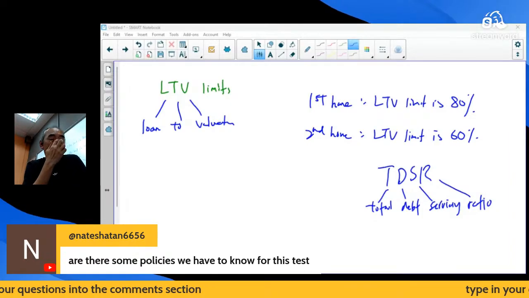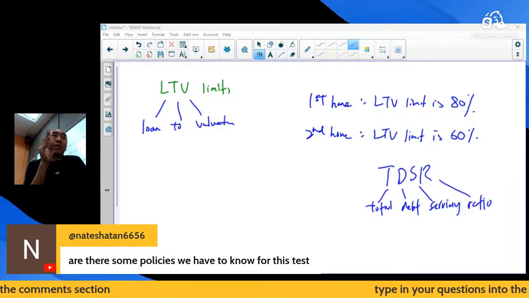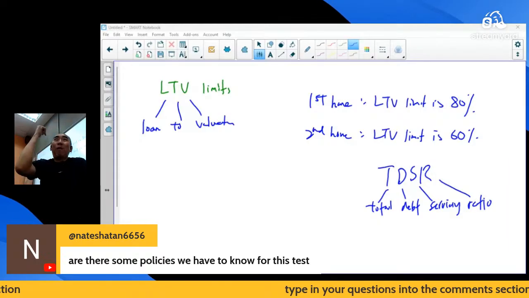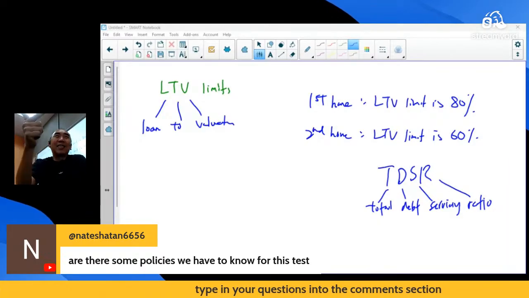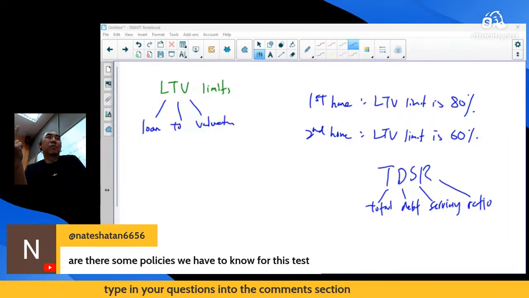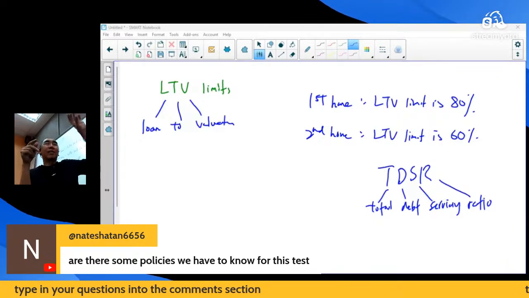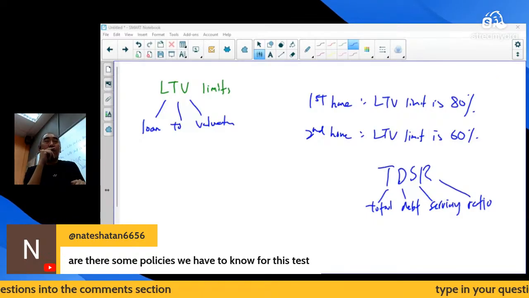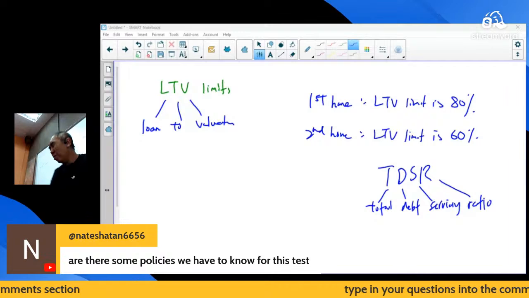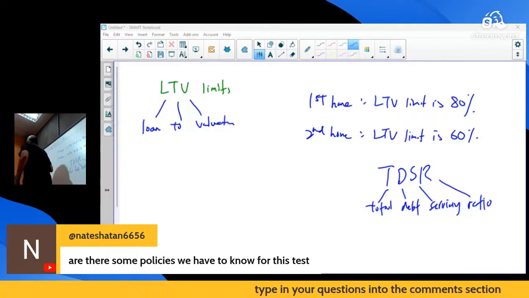Assuming, Natasha, that they are really only testing externalities, then it's just public campaigns, taxes and subsidies, legislation. These are the three classes of policy. Okay, there is one more policy, but this form.